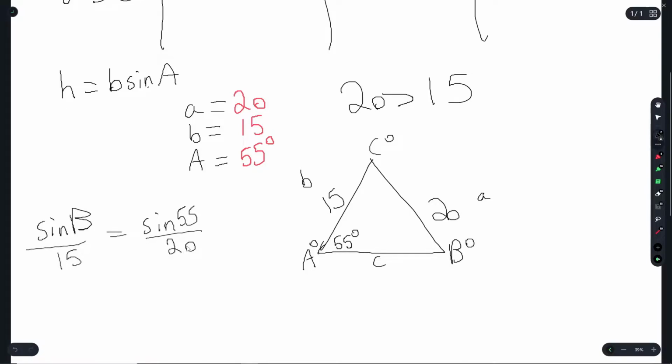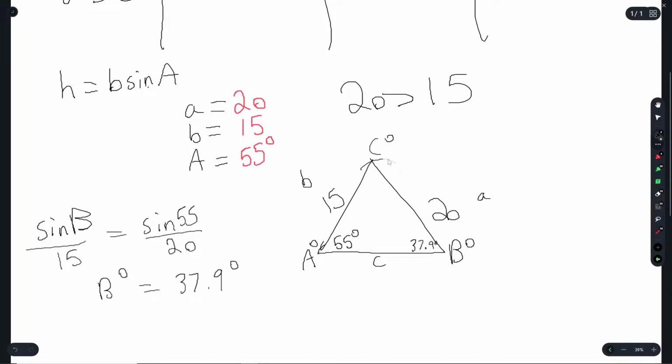And then we can just do this on the calculator. So the answer is angle B is equal to 37.9 degrees. So we'll write here 37.9 degrees.